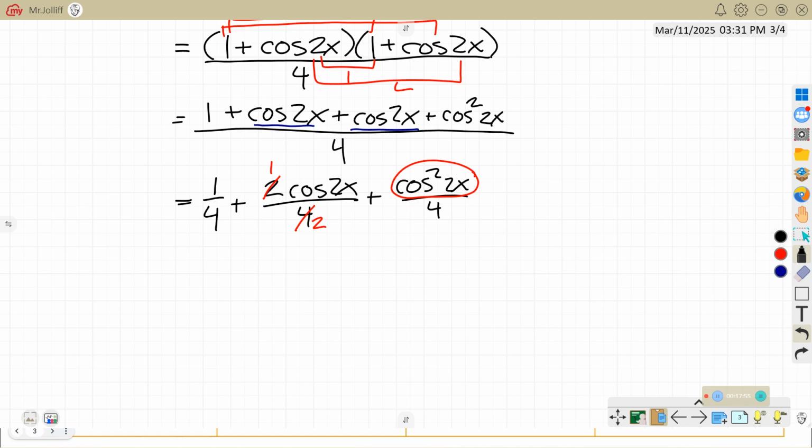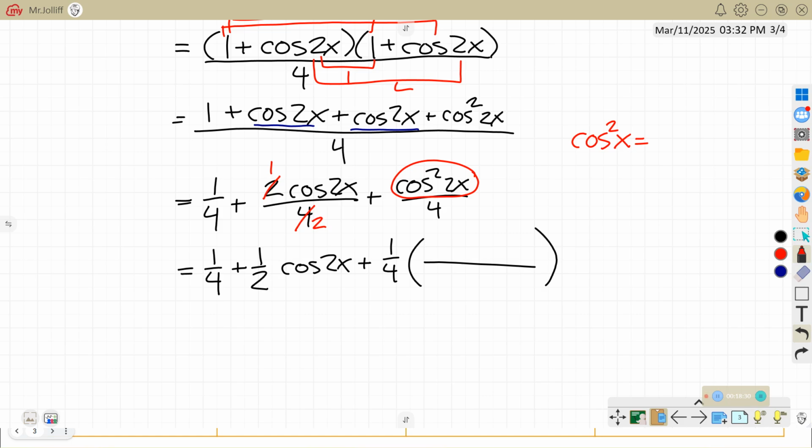So let's rewrite. We have 1/4. I have a 1 and a 2, so 1/2 cosine 2x. And then I have a 1/4. And then cosine squared 2x gets a reduction formula. And off to the side, I'm going to write the original, and we'll see if we can figure out the new.